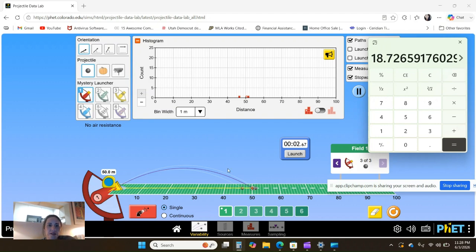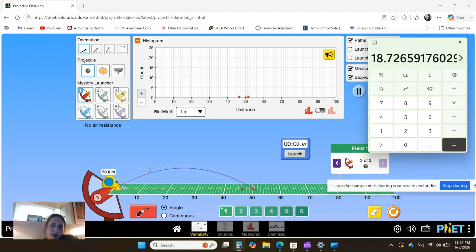And the reason for this, even though the orientation, projectile, and mystery launcher variables are staying the same, is that with gravity acting upon the object, you can have a different force or a different whatever is shooting out the projectile, which makes the arc different, the parabolic arc or launch path, as you can see right here.